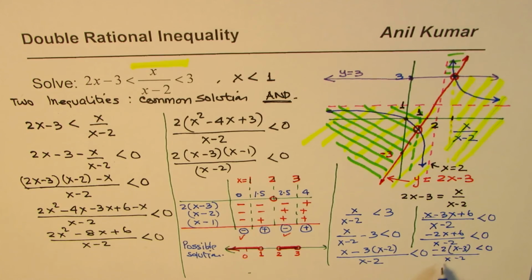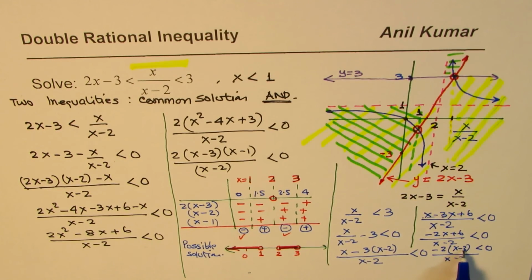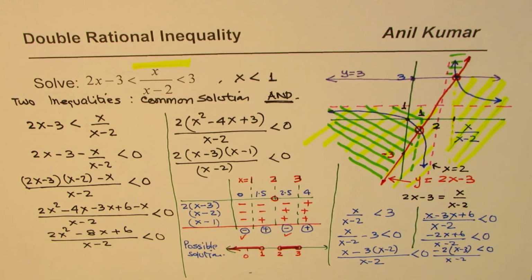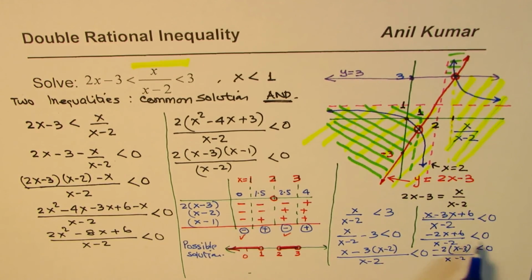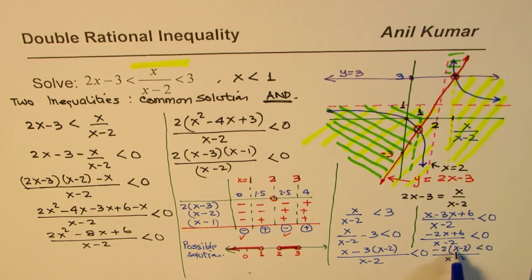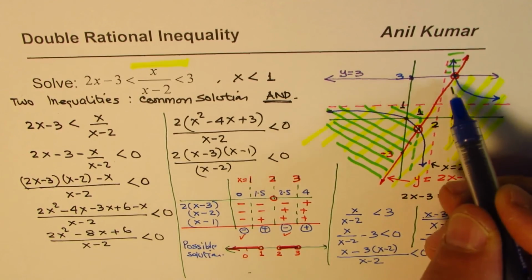Solving this inequality, we now have two zeros, one at x equals 3, the other one at x equals 2, correct? So these are the two zeros to check for this inequality. Now, if you substitute this value, then when is this inequality true? This is 0 at x equals 3 we found.